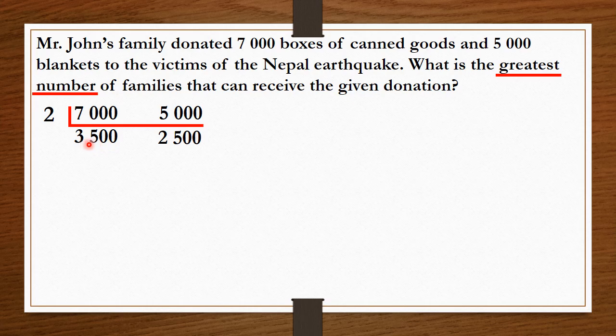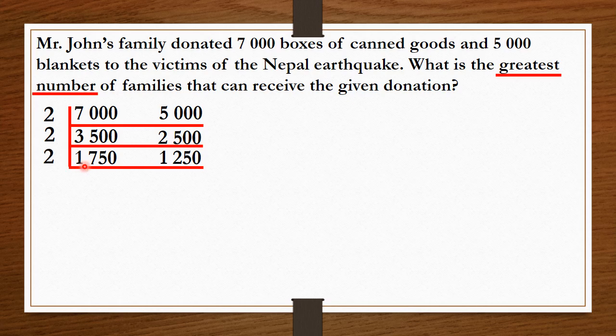And 3,500 and 2,500 are still divisible by 2, so that is their common factor, 2. 3,500 divided by 2, we have 1,750. 2,500 divided by 2, we have 1,250. Now, the common factor of 1,750 and 1,250 is still 2.